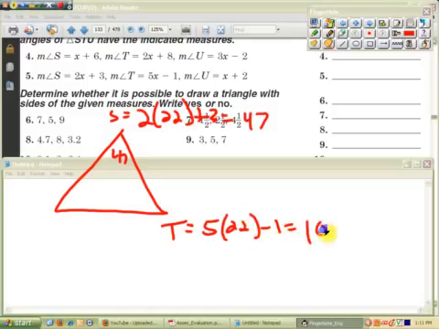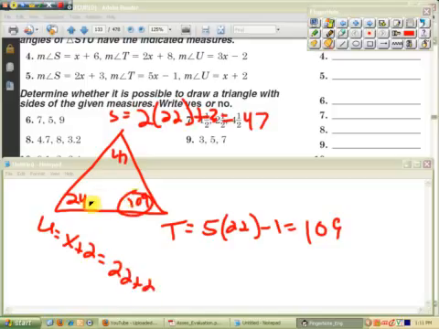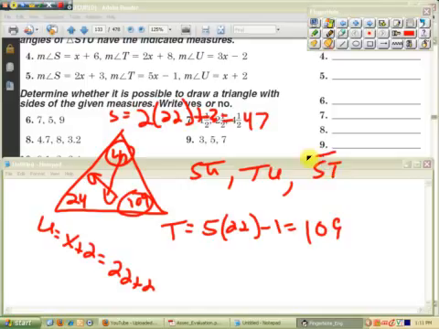That's 110 minus 1, which is 109. So this angle is 109. And finally, U. Angle U over here equals x plus 2, but x is 22, so it's 22 plus 2. And that's 24 here. The longest side is SU. Then it's TU. And finally, ST is the shortest side.